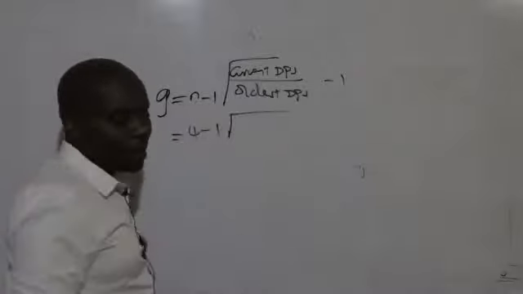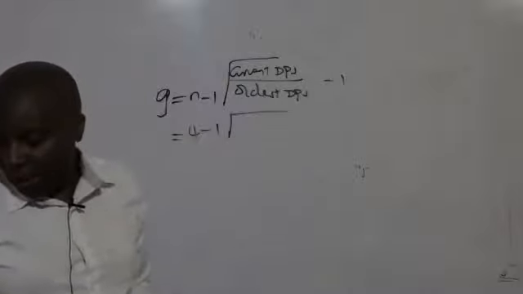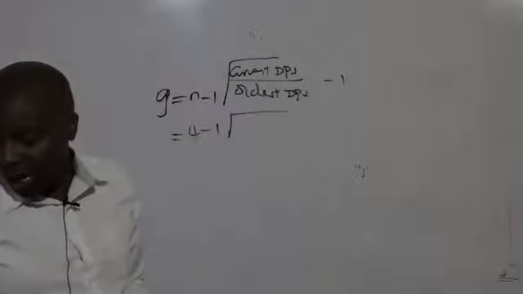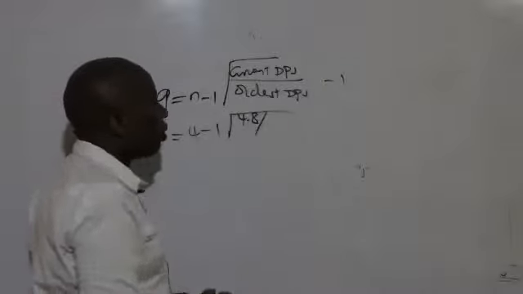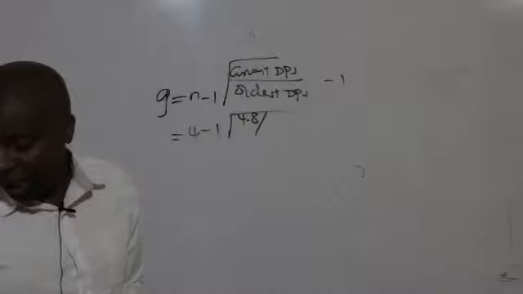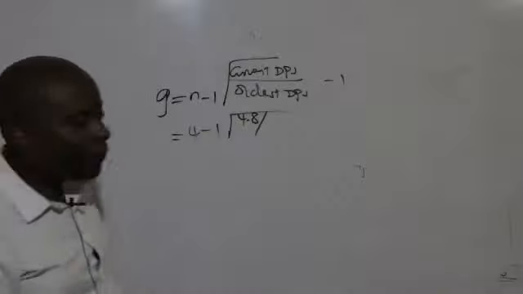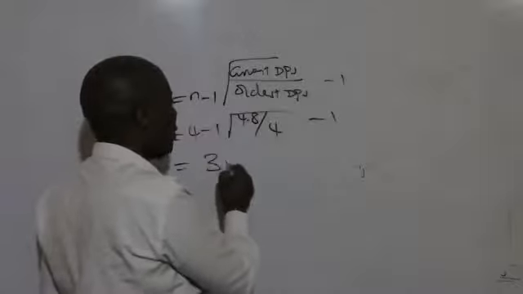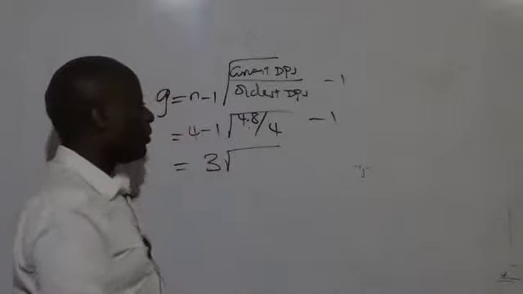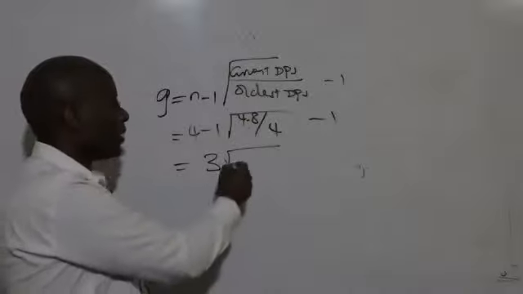Current dividends per share is 4.8, over the oldest dividends per share, which is 4. So this will be the cube root of 4.8 divided by 4, which must be 1.2.